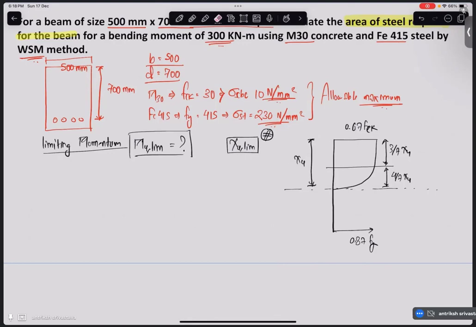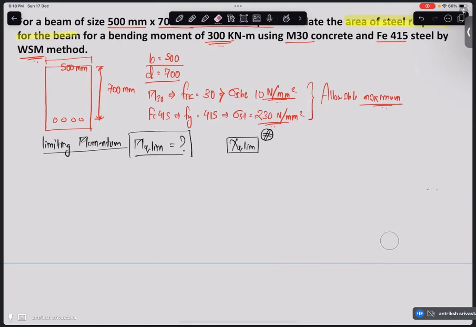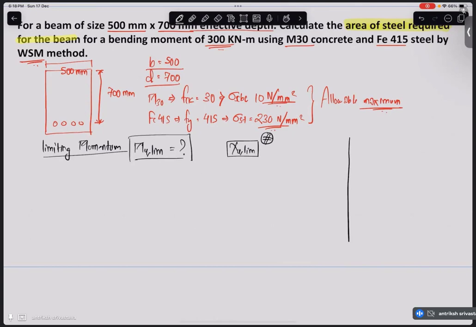LSM method. But in case of WSM method, we assume a homogeneous mixture of concrete, which is linearly elastic. So the stress diagram also comes out to be like this. Although we ignore the strength of concrete below the neutral axis, still this is linear.